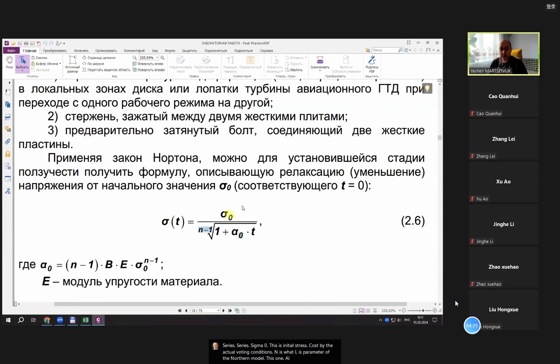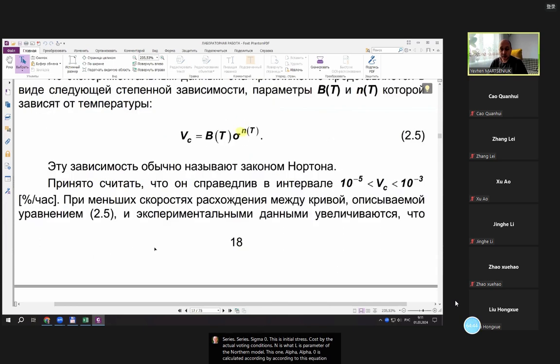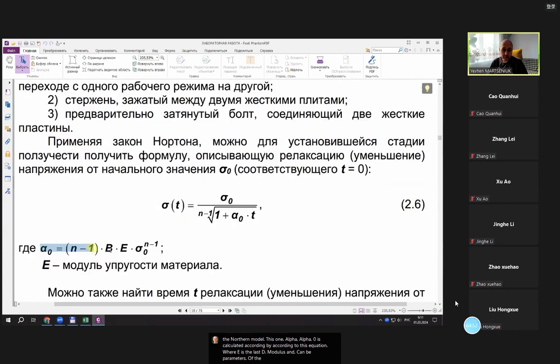Alpha 0 is calculated according to this equation, where E is the elasticity modulus, and M and B are parameters of the Norton model. Sigma 0, again, is the initial stress generated by the loading conditions. And in this equation, T is the operational time. So, with increasing time, we will get a decreasing level of stress.